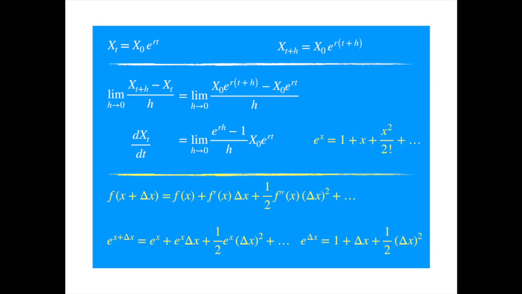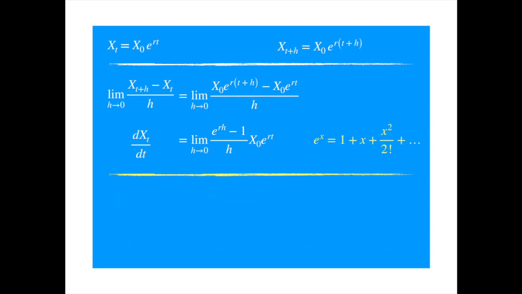By the way, this x should be interpreted in the delta x sense, this small change around 0. So for a given number of terms, the approximation will be more accurate for smaller values of x, but our r is supposed to be small as it is the growth rate, which is usually small, and h is supposed to be very small. So ignoring terms higher than the second order will be fine here.